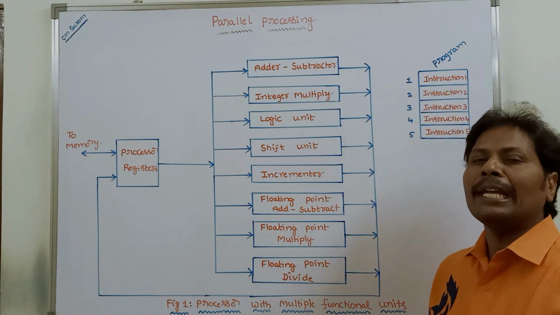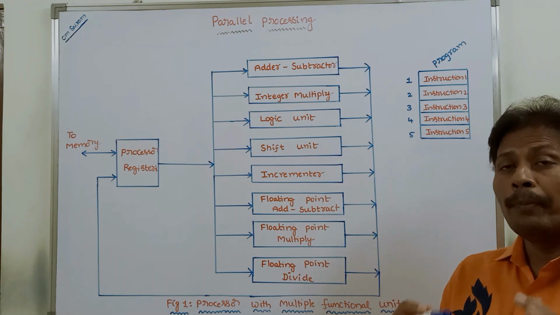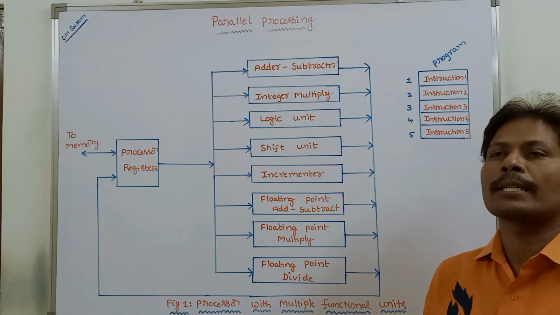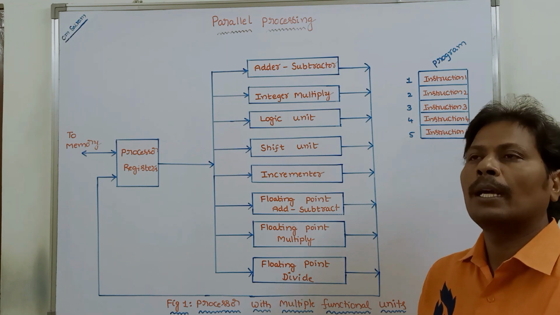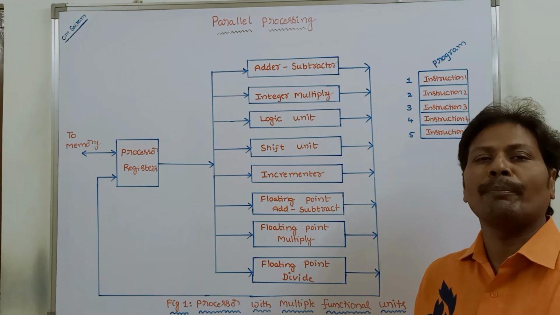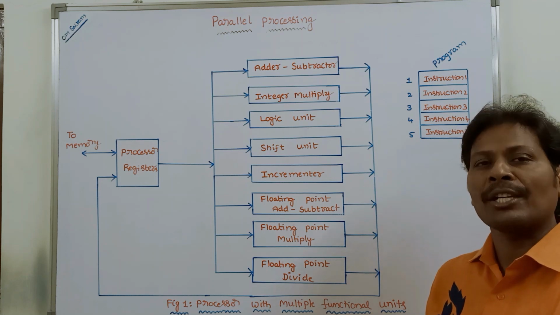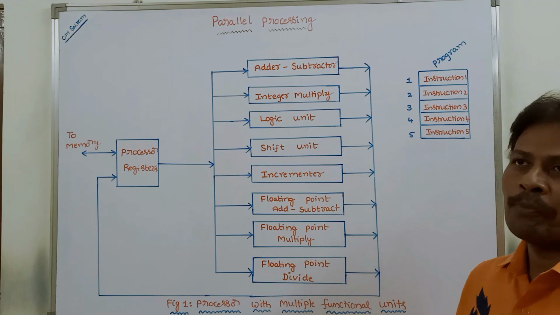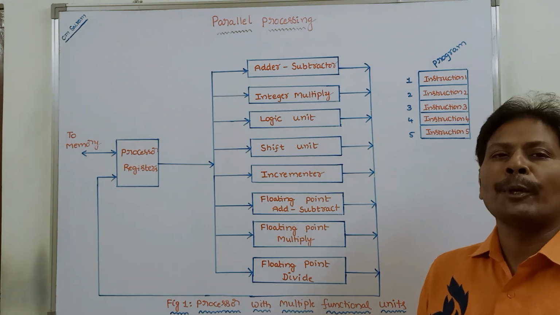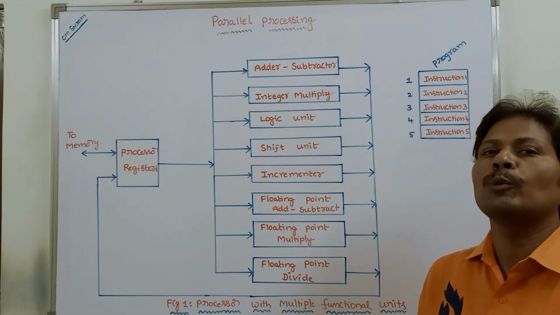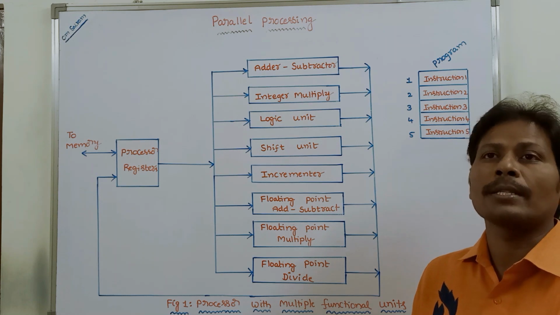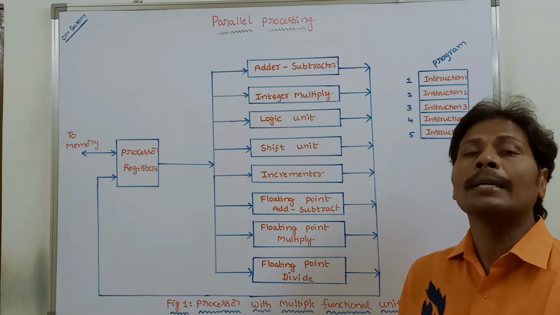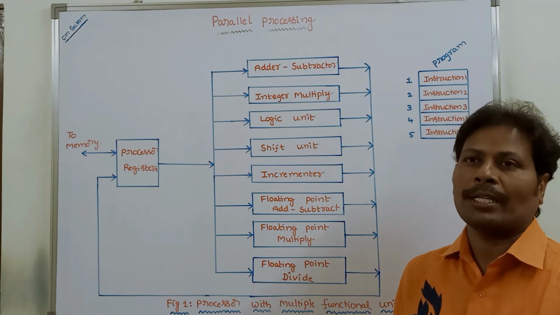In the 1980s or before, whatever computers we used can be called conventional or traditional computers. In these computers, we execute the instructions in a sequential manner or in serial fashion.